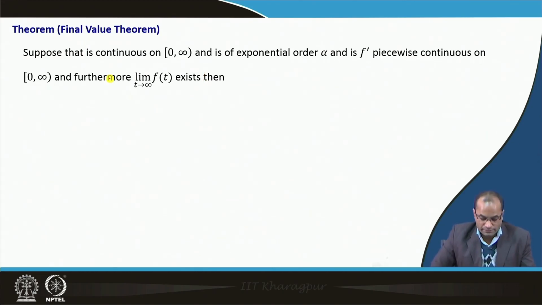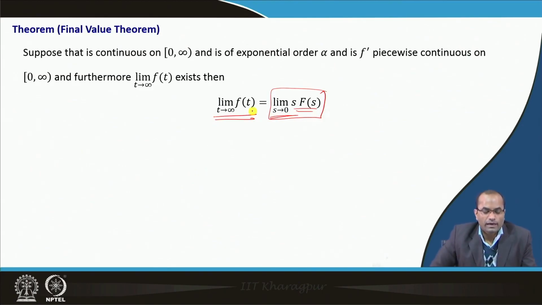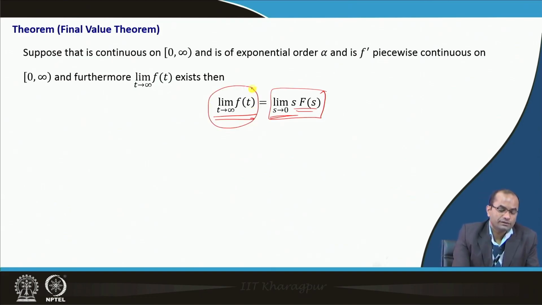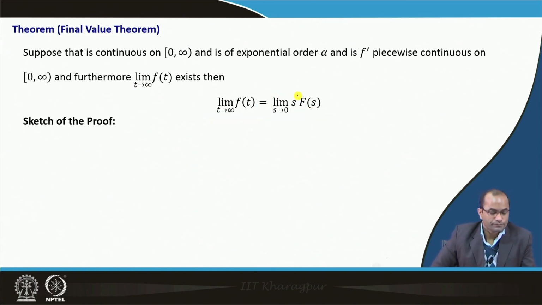In that case, when we take s F(s) and take the limit as s goes to 0, that will exactly be the value of f(t) as t goes to infinity, and the existence of this we have assumed already. This is the result of the final value theorem.